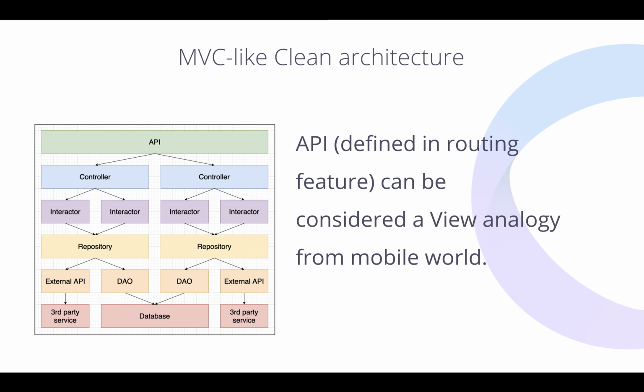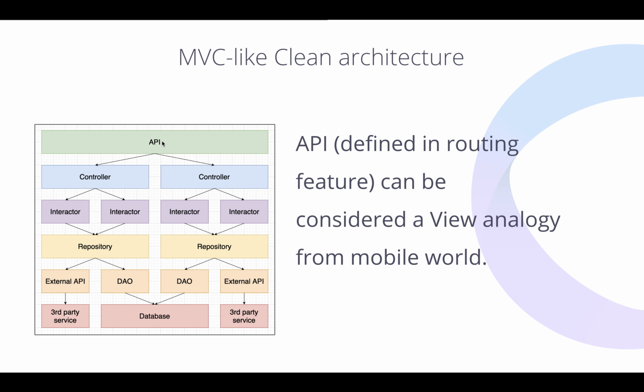Because Ktor doesn't force architecture on you, for my emoji books backend, I've chosen an MVC-like clean architecture, which is highly inspired by my mobile experience. So on the top you have the API, REST API, which will be used by clients, mobile clients and web clients. It's kind of the view or UI.